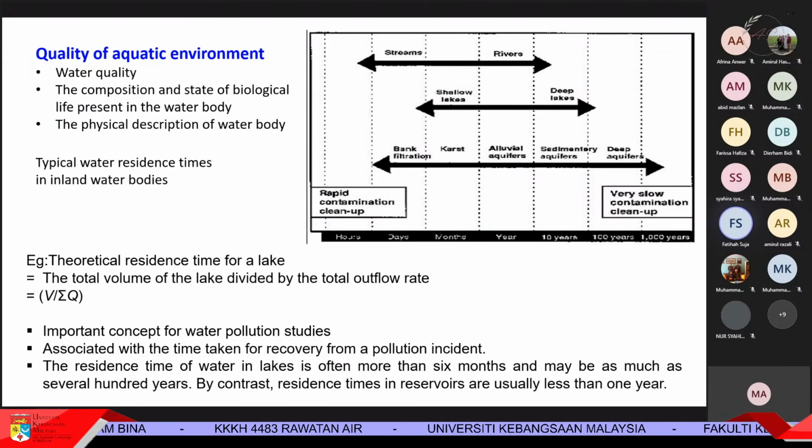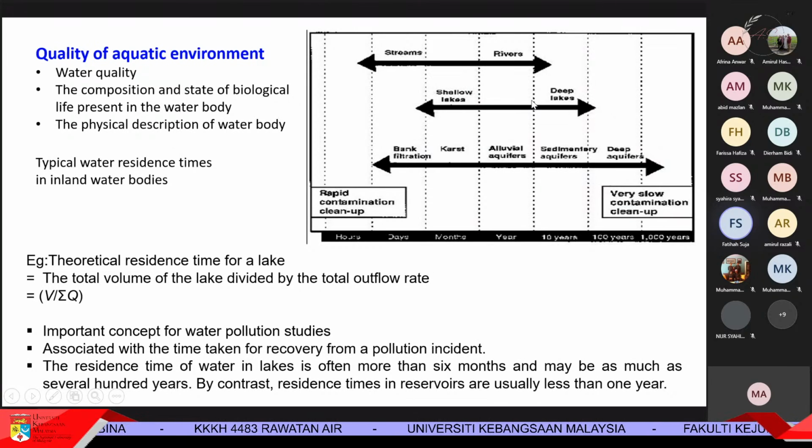So actually residence time is a very important concept for water pollution studies, because it is associated with the time taken for recovery from a pollution incident. For example, this figure shows the common residence times.